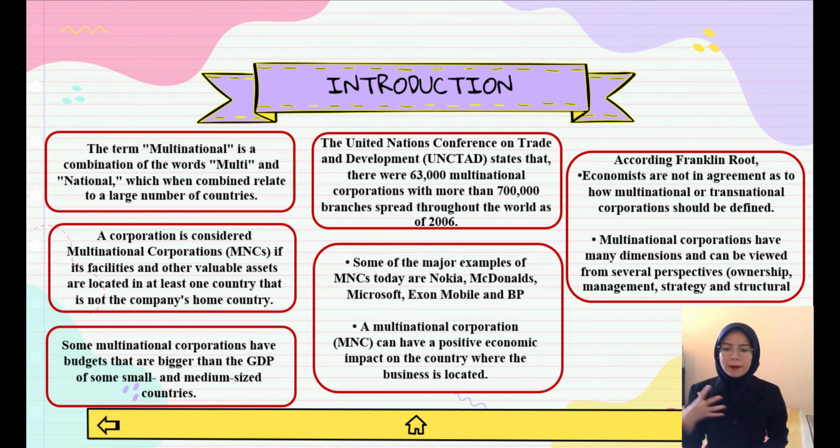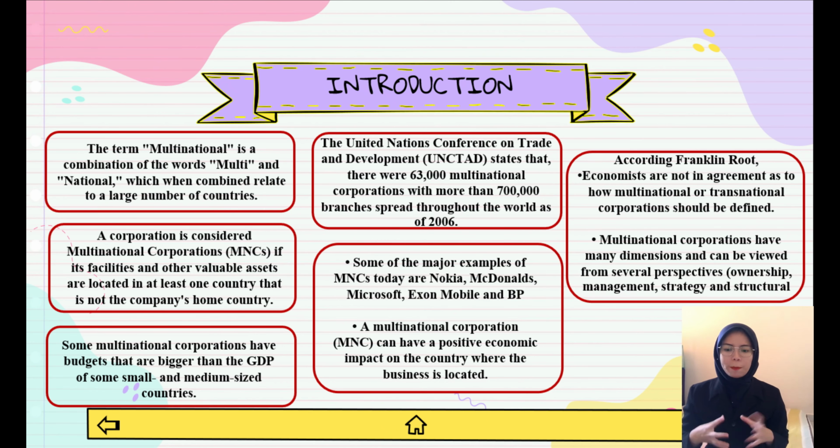Some MNCs have a budget which is greater than some small-sized countries' GDP, with 36,000 multinational corporations and more than 700,000 branches spread throughout the world as of 2006. Some of the major examples of MNCs today are Nokia, McDonald's, Microsoft, ExxonMobil, and BP.